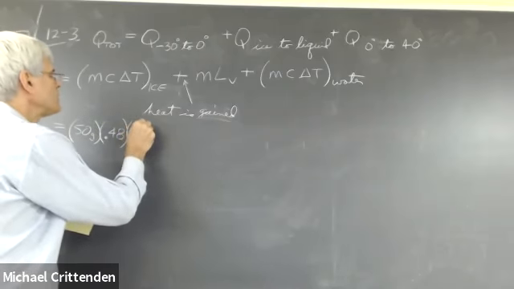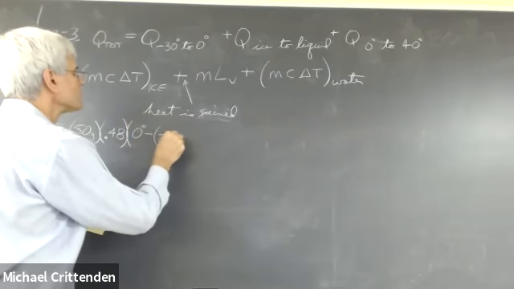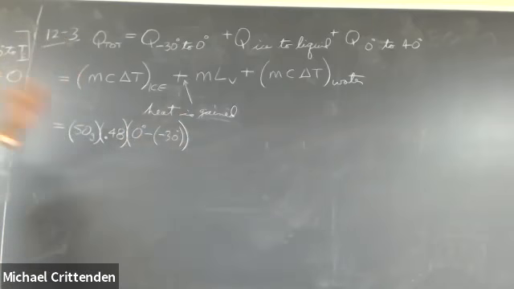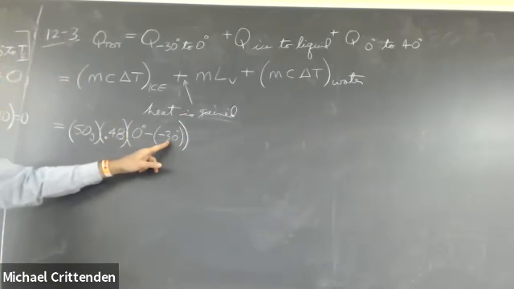T final minus T initial. Nice opportunity to make a sign error here. T final is, it warms up until it reaches 0 degrees. Original temperature, it started out at 30 below.